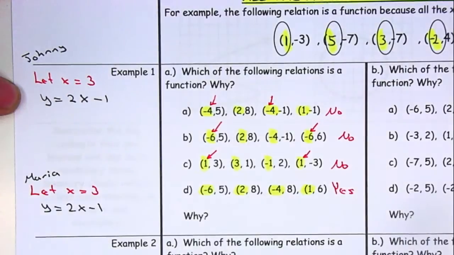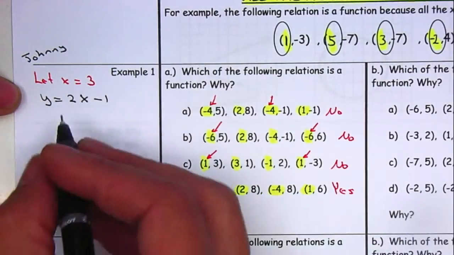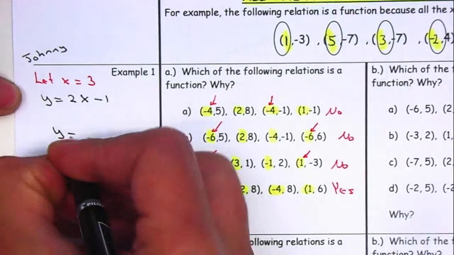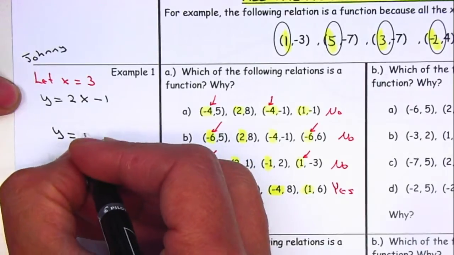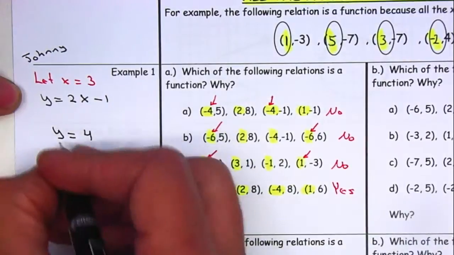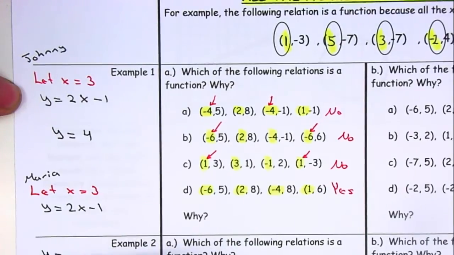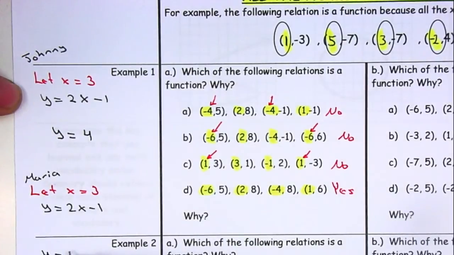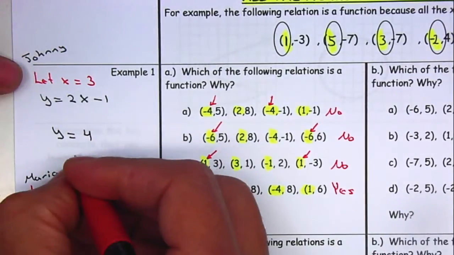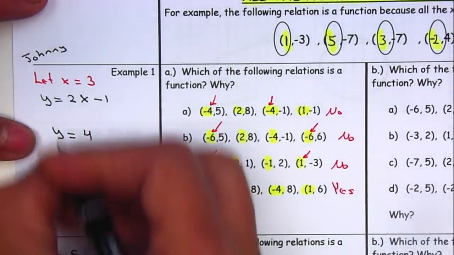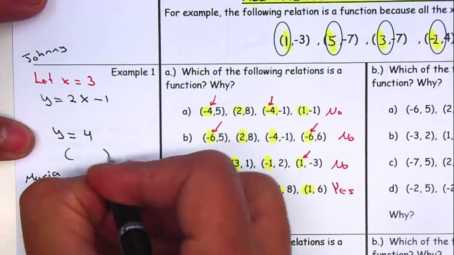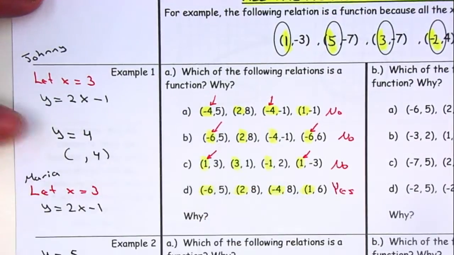Now once they work it out, Johnny says y is equal to 4. And Maria says no, y is equal to 5. So they give me the point: Johnny says that if x is 3, y is 4.